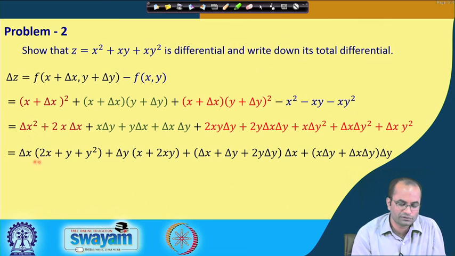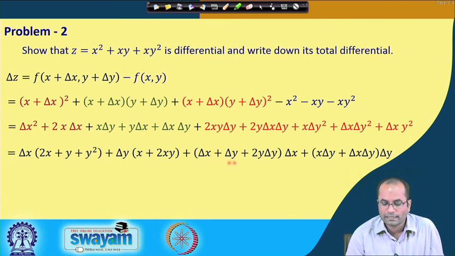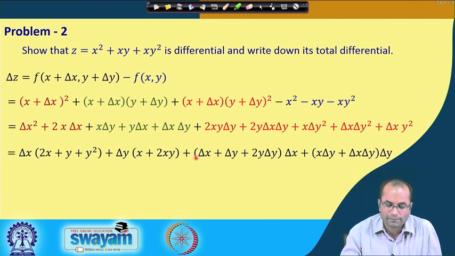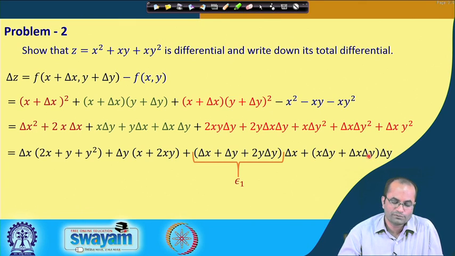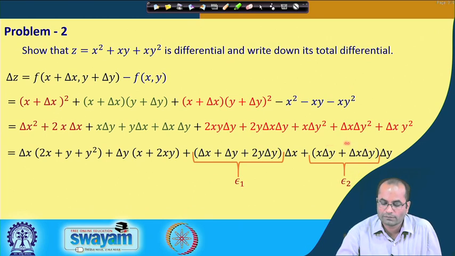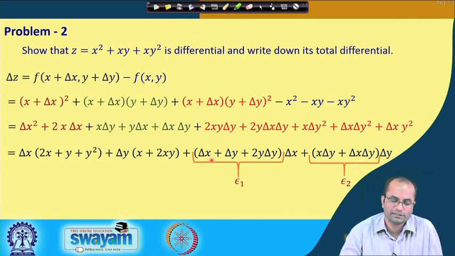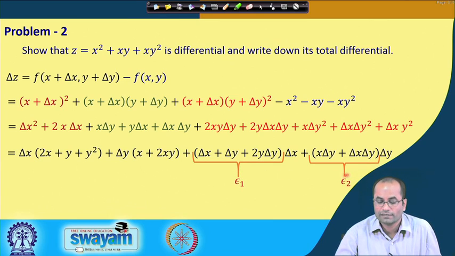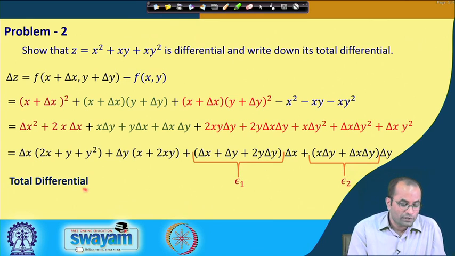So, this is the linear term which we have collected, and the rest we have kept in this format, with delta x whatever the coefficients are here, and with delta y also we got this one. What we observe is that we can now introduce this as our epsilon 1 and this as our epsilon 2, and they have the property that they will go to 0 as delta x and delta y go to 0.